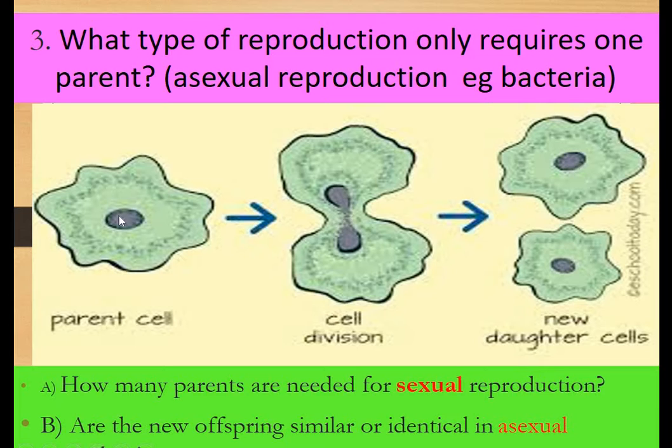Well, you've got one parent, the same nucleus divides, and it forms the offspring. They all come from the same one parent. So these offspring are identical to the original parent. You're answering those questions and drawing the diagram, and then you can continue.